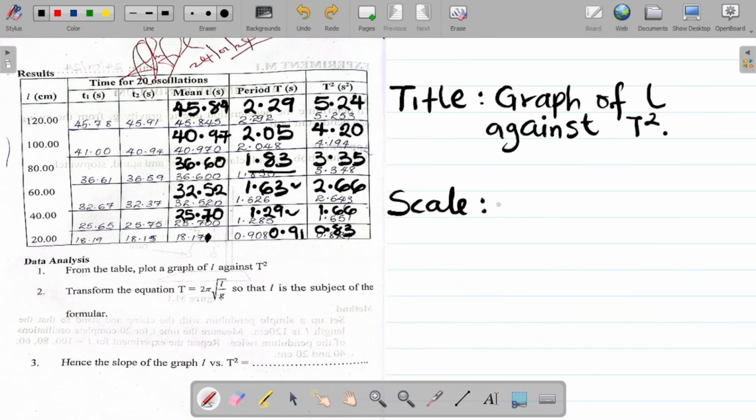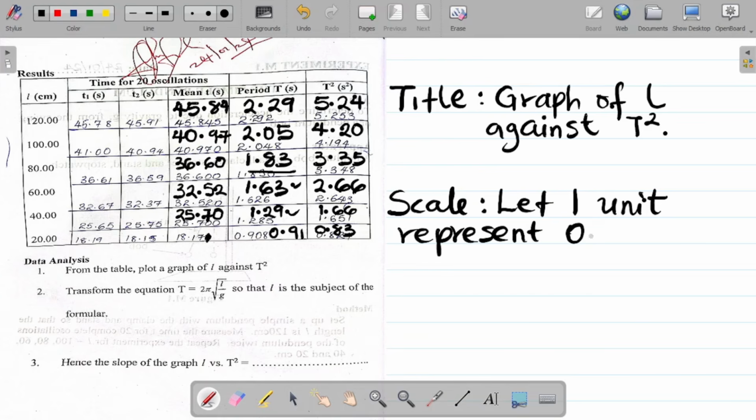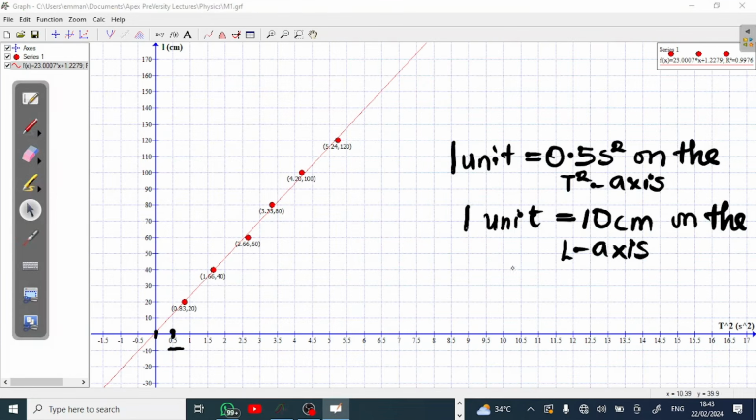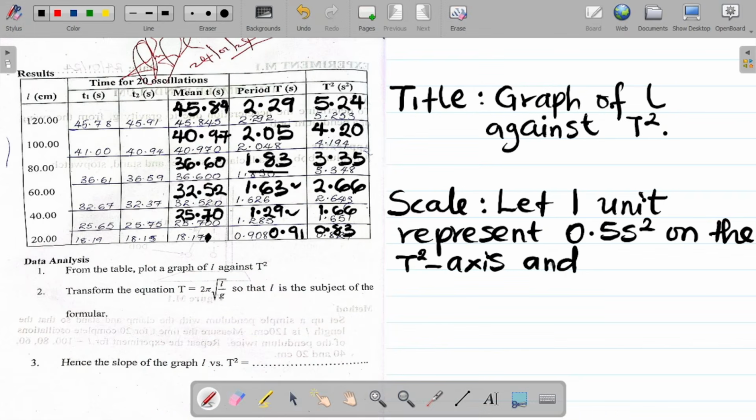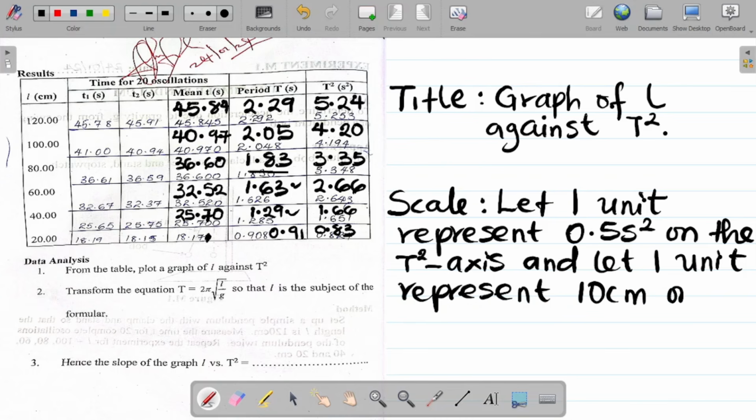Let me go back and add that. So let 1 unit represent 0.5 second squared on the T squared axis, and let 1 unit represent 10 cm on the L axis.